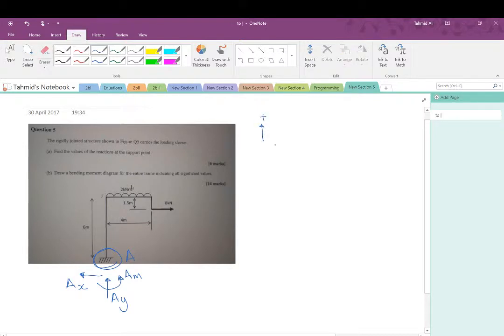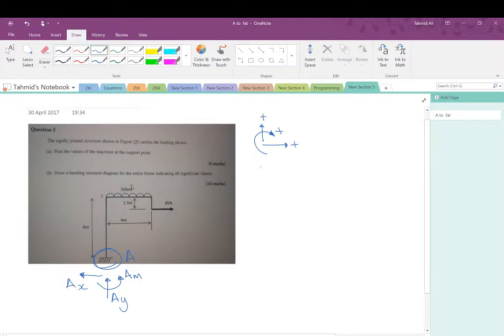I'm going to treat this way as negative, and I want to treat clockwise as positive. Now this is very important. Your sign convention may differ according to your lecturer, however, if you indicate your sign convention here, then they wouldn't penalize you unless they say otherwise in their lectures or whatever.